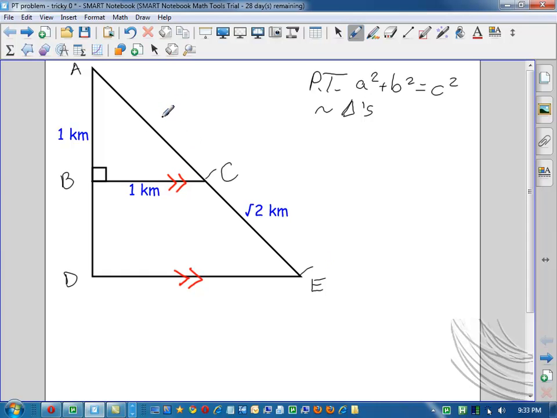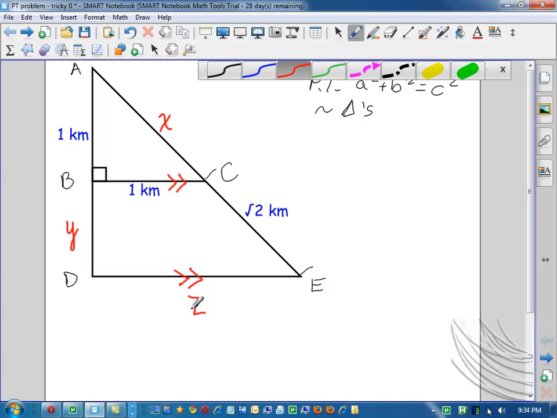Actually, no, instead of this, let's use X. Let's make it a different color. We have to find X. We have to find Y. And we have to find Z.